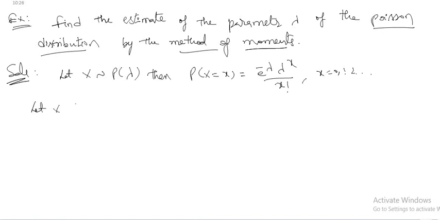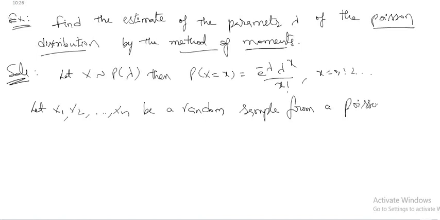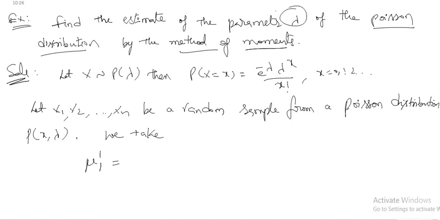So let x1, x2, and xn be a random sample from the Poisson distribution p of x comma lambda. How many parameters are here? Lambda is the only parameter.